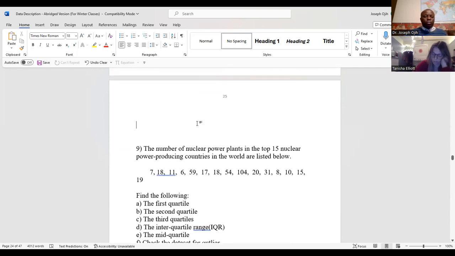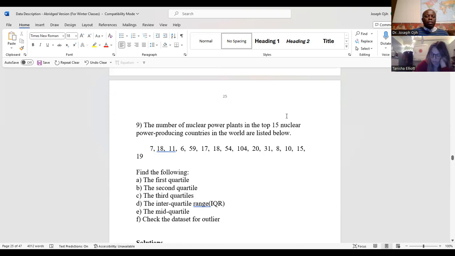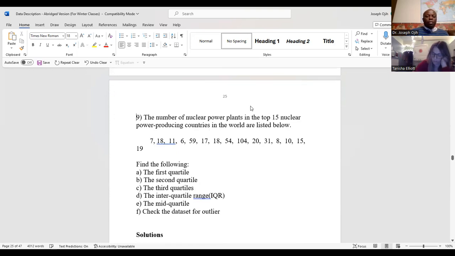So let's do it. Look at this question. It says here, the number of nuclear power plants in the top 15 nuclear power producing countries in the world are listed here.